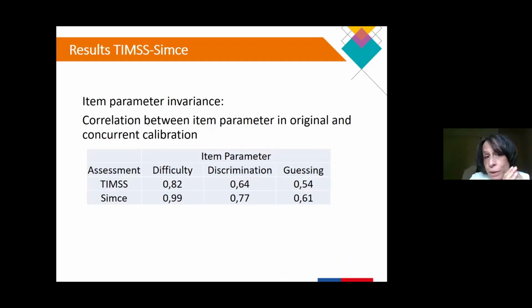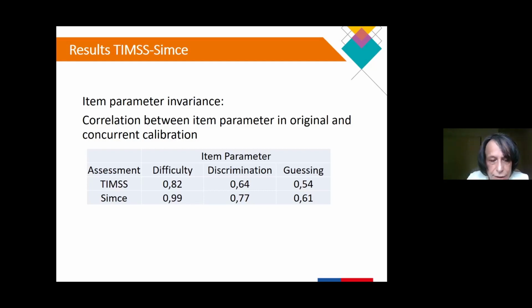Well, what were the results? In the SIMSE study, we use the TIMSS sample, a representative sample of 4th graders. We got pretty high correlations between the parameters in their original and concurrent calibration.